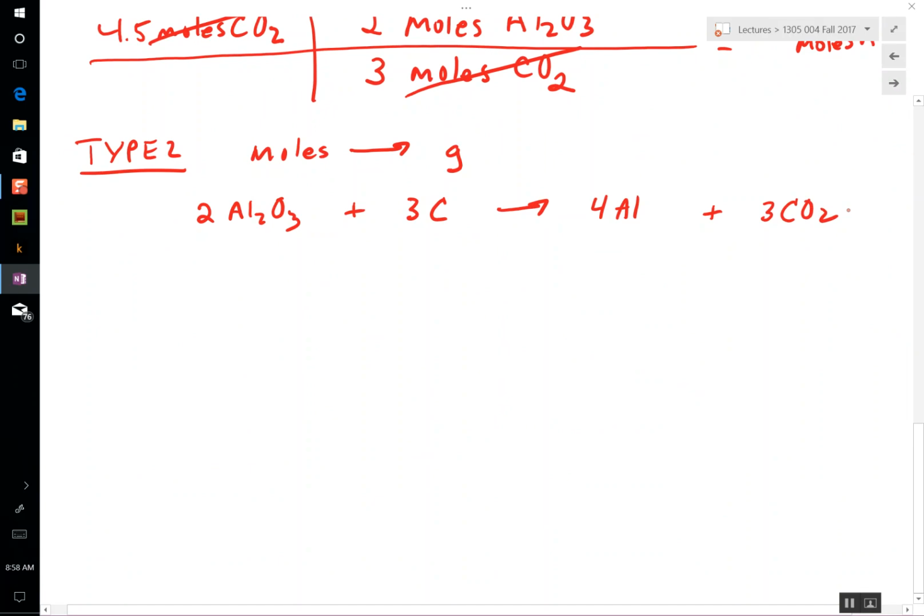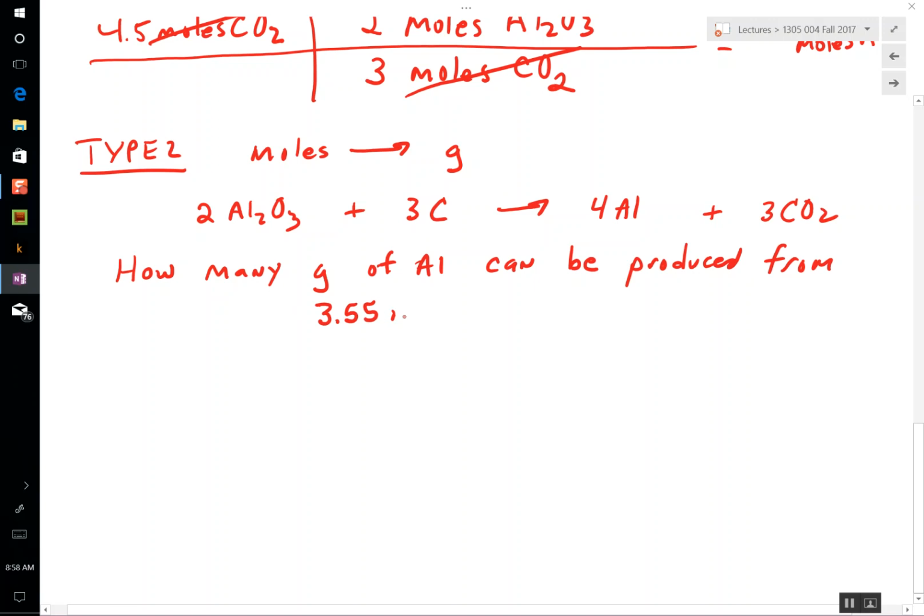And let's say here's a type of problem: how many grams of aluminum can be produced from 3.55 moles of aluminum oxide?